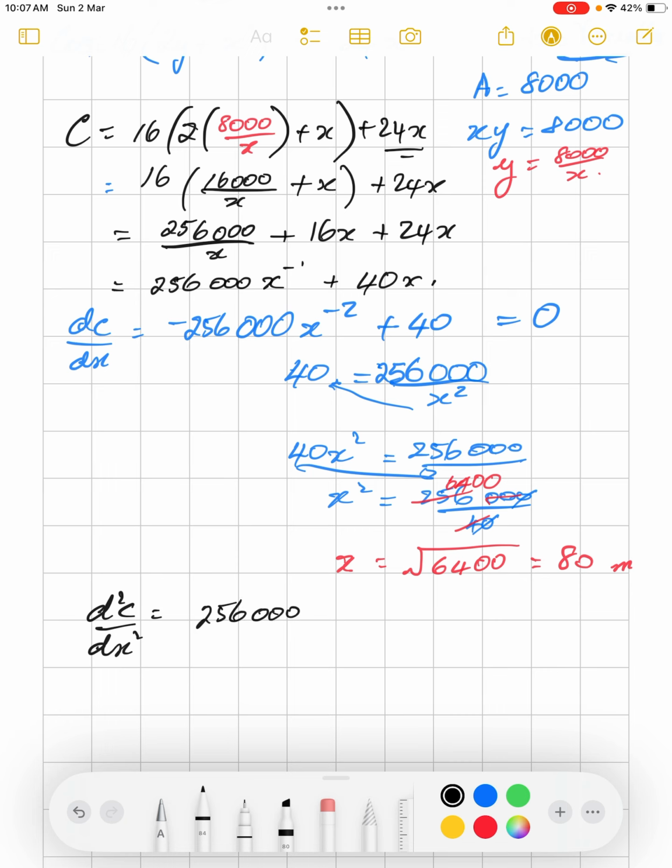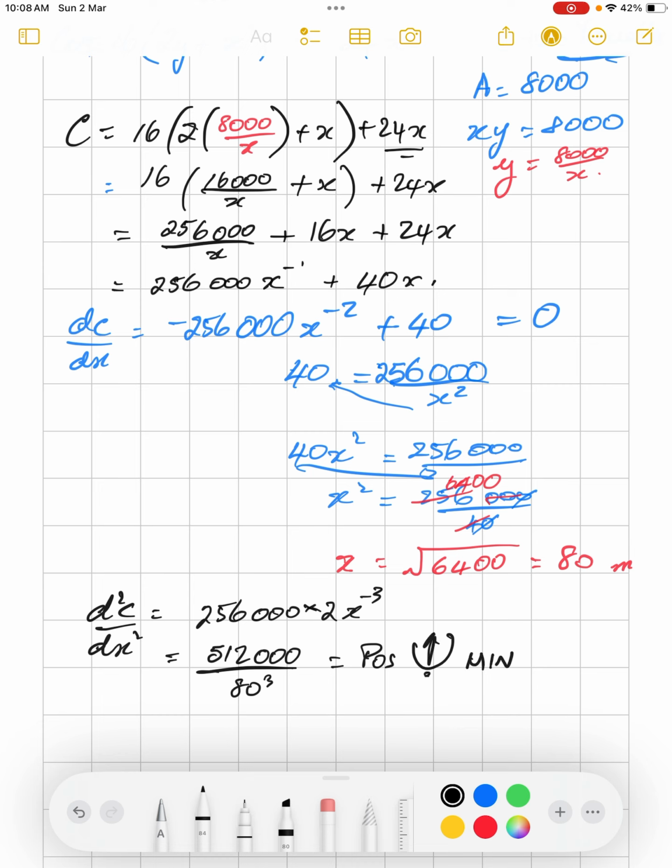So if we put 80 in here, we get 512,000 over x cubed, 80 cubed. We get a positive number. Therefore, it is a minimum at x equals 80 meters, which is what we want.